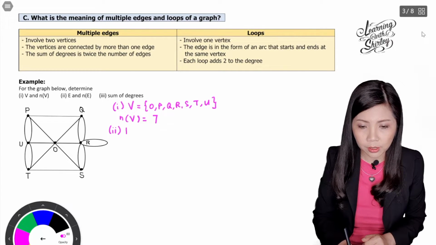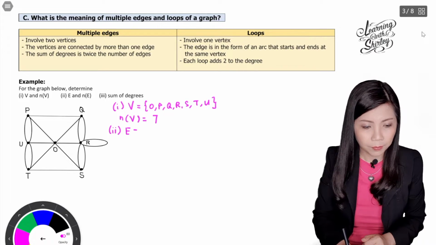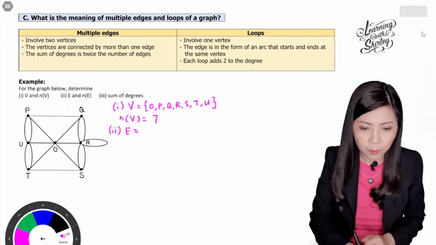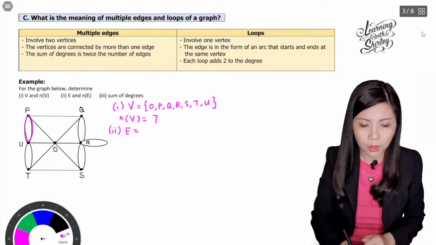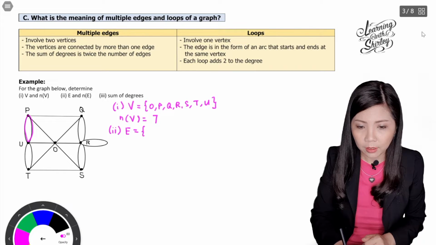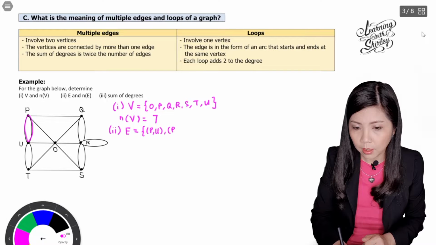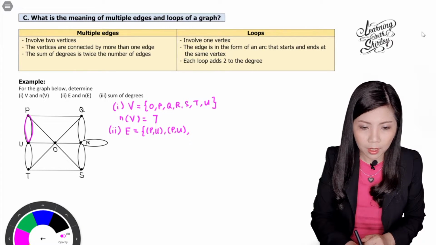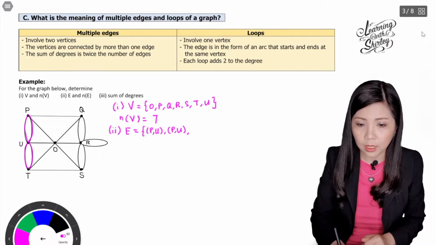Okay, let's look at number 2. Find the edges. Let's count together. So we have PU and PU. I'm going to write here PU, PU. Next here UT and UT.